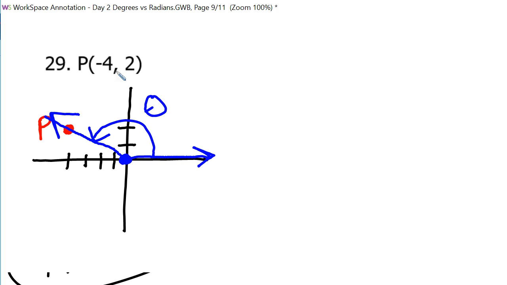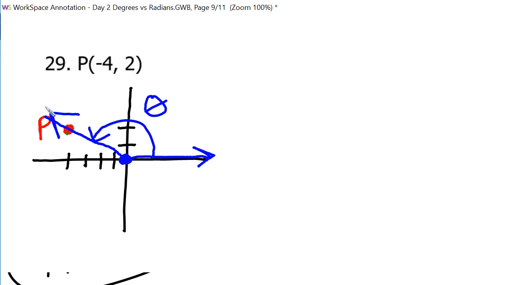Notice theta is obtuse. So when we're solving these triangles, we need to have an acute angle. We can't have an obtuse angle in a right triangle. The other angles cannot be obtuse. They have to be acute. So when you are making your right triangle, you have to draw your vertical side going from your terminal side to the x-axis.